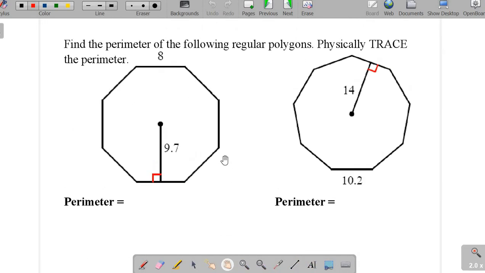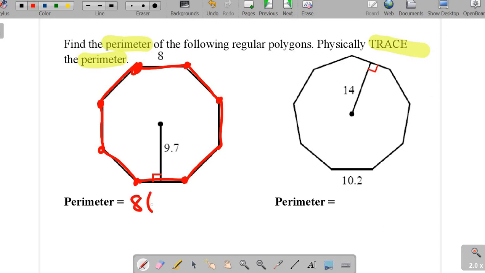So when you deal with perimeter, always physically trace the perimeter and find the sides. So for example, if I want you to find the perimeter of this shape, you put your pencil there and walk it around. Walk with me. 1, 2, 3, 4, 5, 6, 7, 8. So my perimeter is going to be 8 sides times a length of 8. It's going to be 64 units.